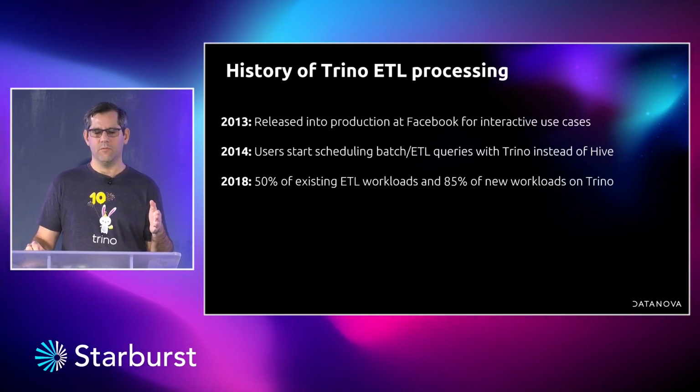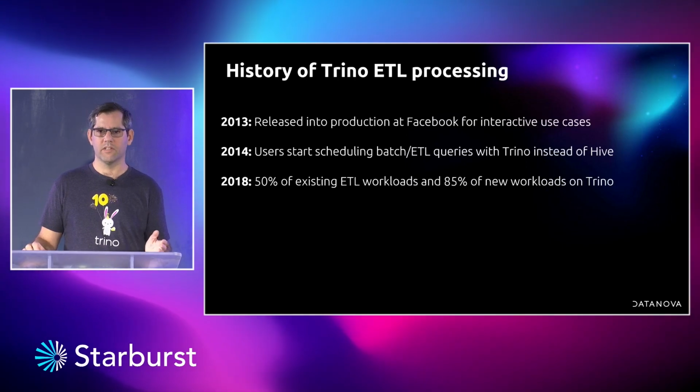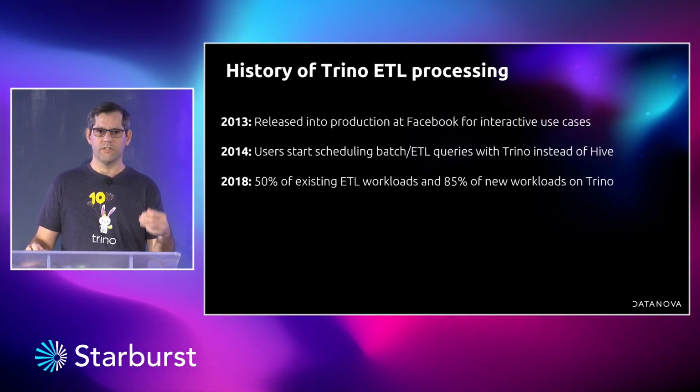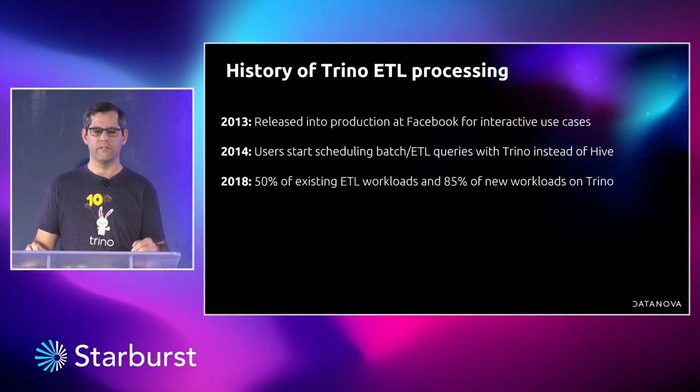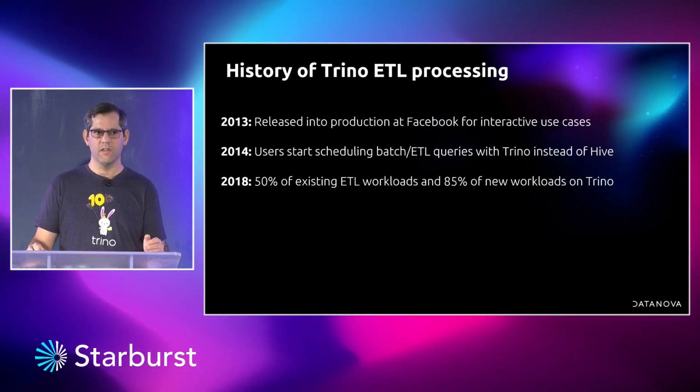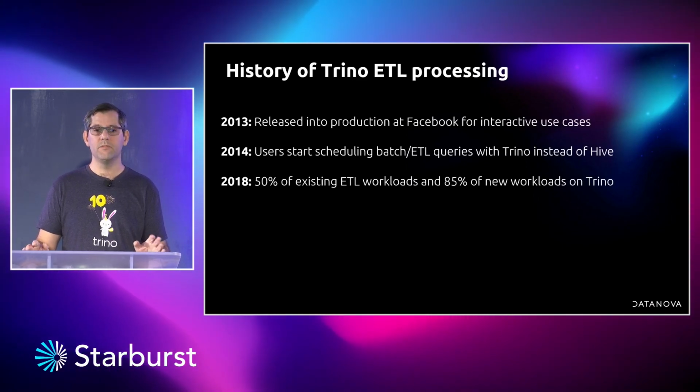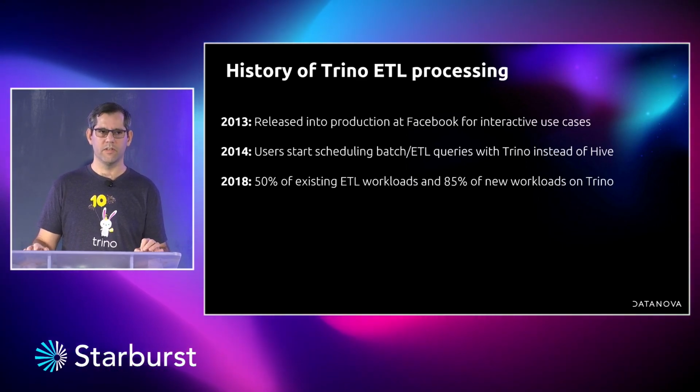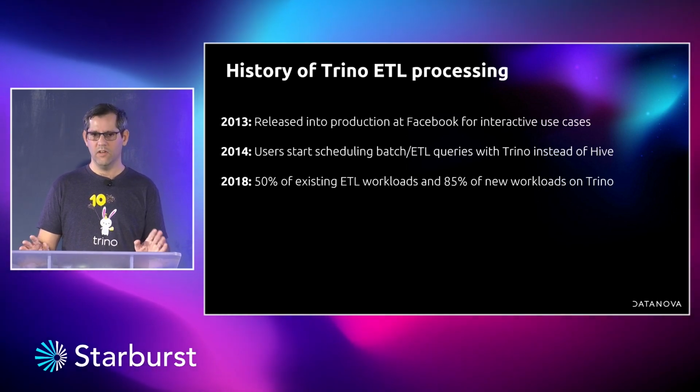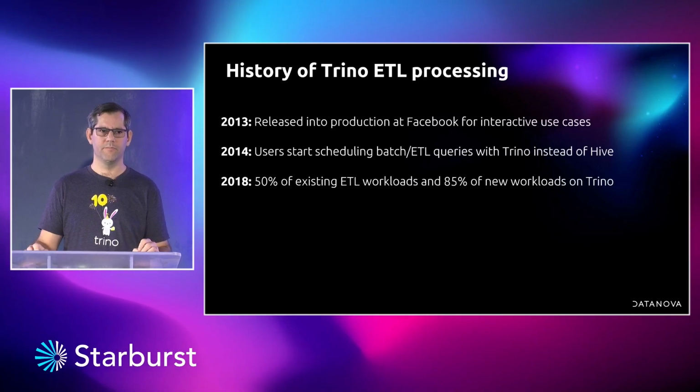And we set up a project, an effort to actively start replacing Hive with Trino as a way to implement data transformation pipelines and ETL workloads. By the end of 2018, we had about 50% of all the ETL workloads at Facebook and 85% of all the new workloads running on Trino. So it was very popular, very transformative for the organization at that point.